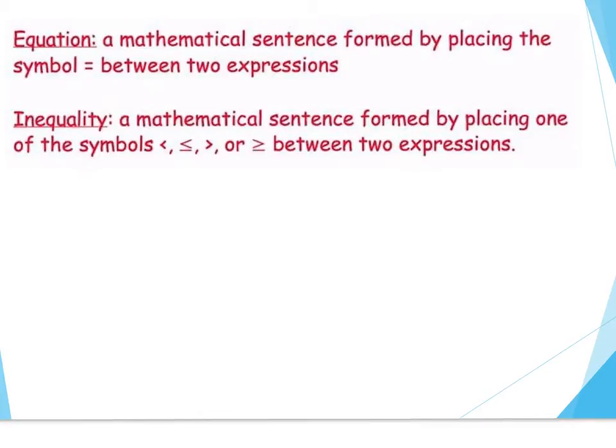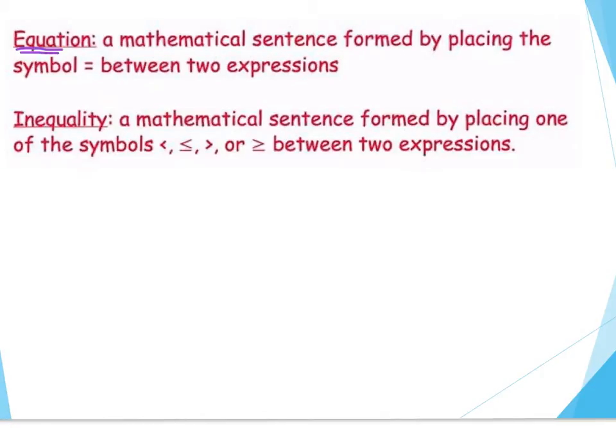All right, next thing let's look at is what's called an equation and an inequality. These are going to be two of the biggest things we're going to do throughout this entire course: working with equations and inequalities. So what is an equation? You think of the word equation, first thing you might see is equal, right?